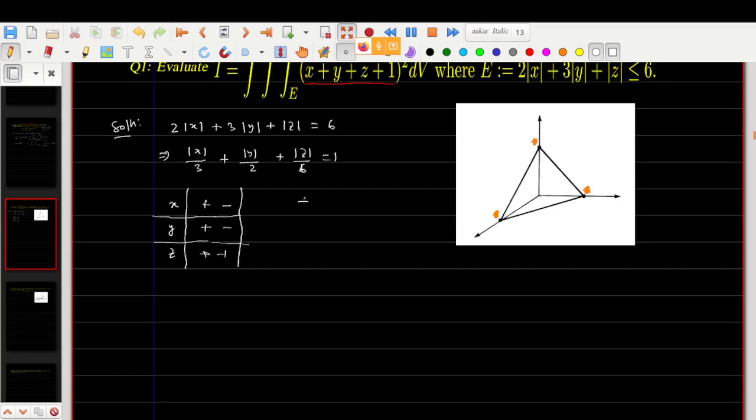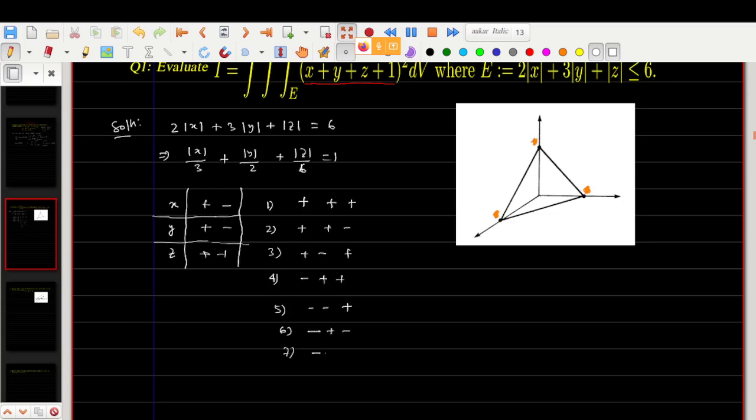Okay, and what will be all the possible cases? Plus, minus, plus, plus, plus, all. Second one will be plus plus minus. Third one is plus minus plus. Fourth one is minus plus plus. Fifth one is minus minus plus, and now start with 2 minus 6 minus plus minus.